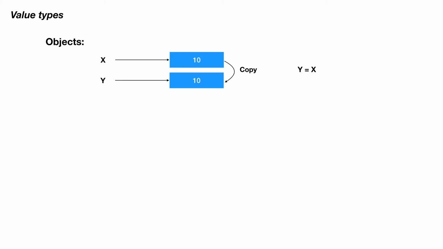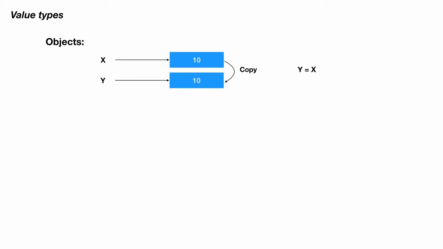When we make this assignment, y equals x, the actual value is copied from the x variable to the y variable. So further updates on the source variable, x, will not affect the y variable, because the assignment was done by copying the values and not by managing references.